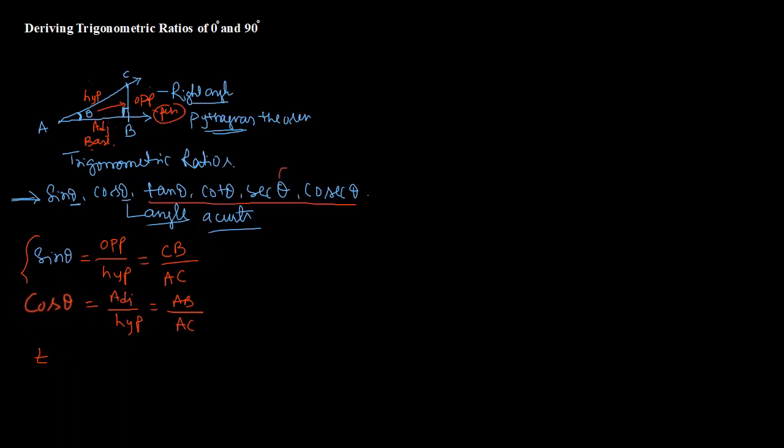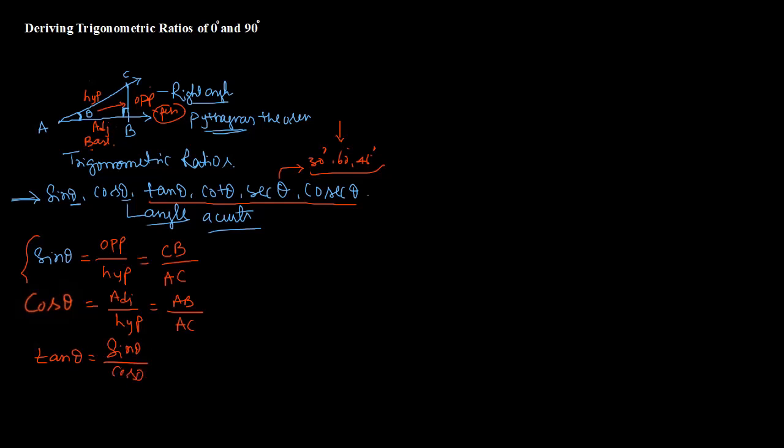I have another video on the ratios and also how to find the values for other angles which are 30, 60 and 45. Not the derivations, but at least how, without memorizing, you can write those values. Watch that video if you are interested. Here we are concentrating on deriving the value of trigonometric ratios for 0 and 90. Tan theta can be written as sine theta by cos theta.